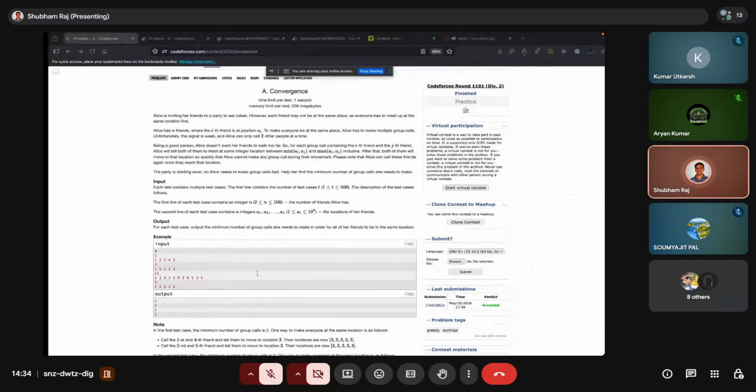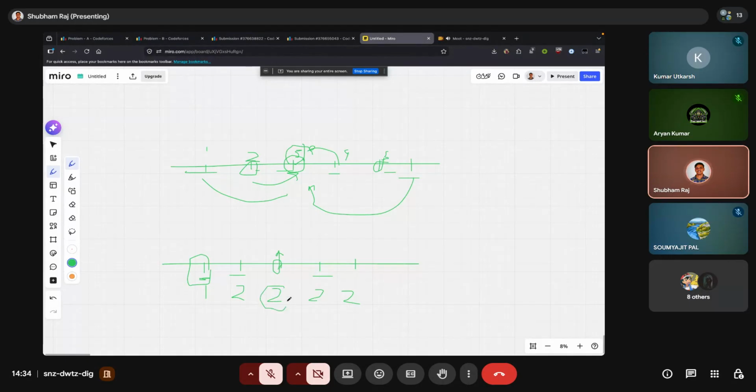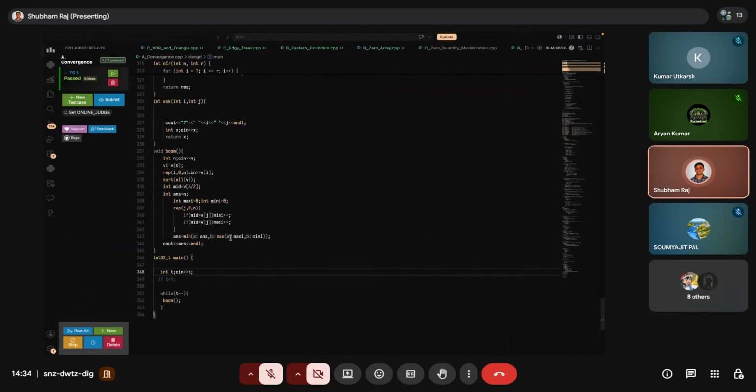Like in this case, for 2, there is only one smaller element and no number greater than 2. So only one count is increased. So the answer will be that one only, and we are taking the minimum of it.